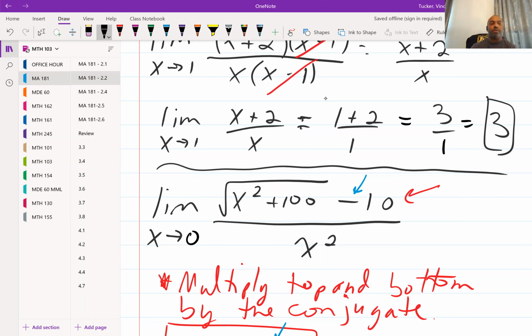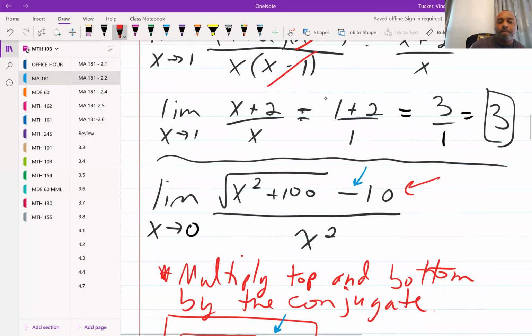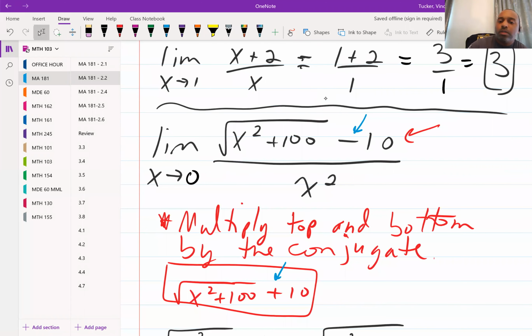So we have to do something to counteract that situation. In this case, I'll multiply the top and bottom by the conjugate of the numerator.